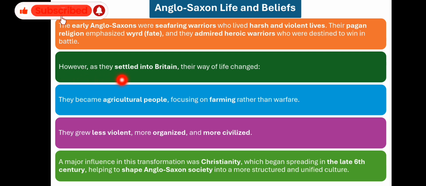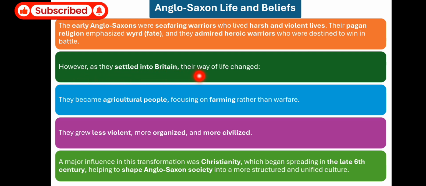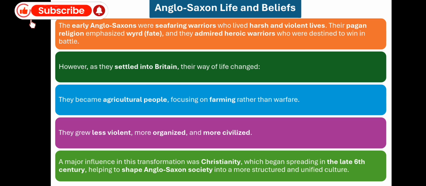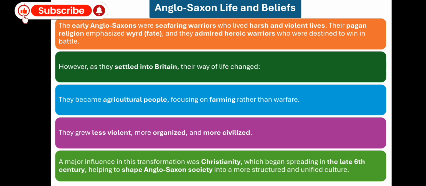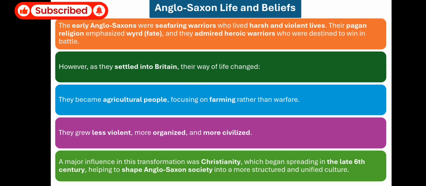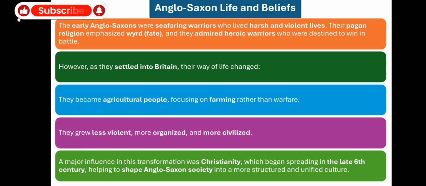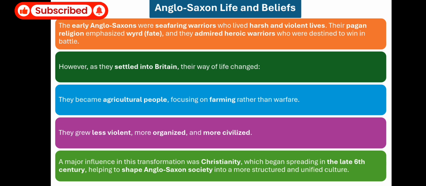However, as they settled into Britain, their way of life changed. When these people migrated from continental Europe, in early life they were very violent, seafarer warriors, but their life changed when they settled in Britain. How did their life change? When they came to England, they started cultivation and agriculture, growing their own land.